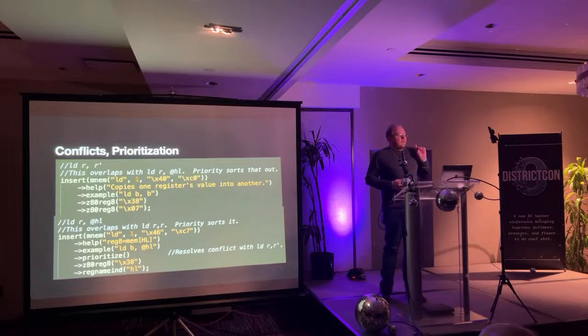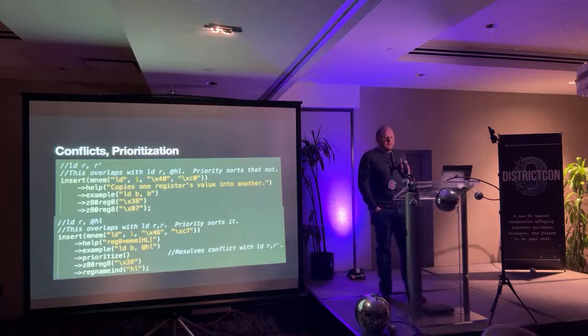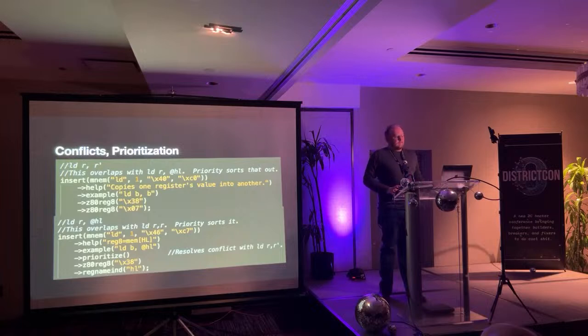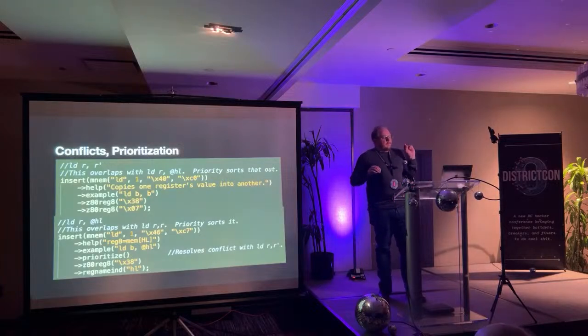But if it's 46 masked against C7, which is a conflicting description, then I'm using an indirection from the HL register, which was otherwise not really defined. So I have this prioritize call in here. What prioritize does is it says that the second definition is a higher priority than the first definition, so that if they conflict, there's a clear winner.